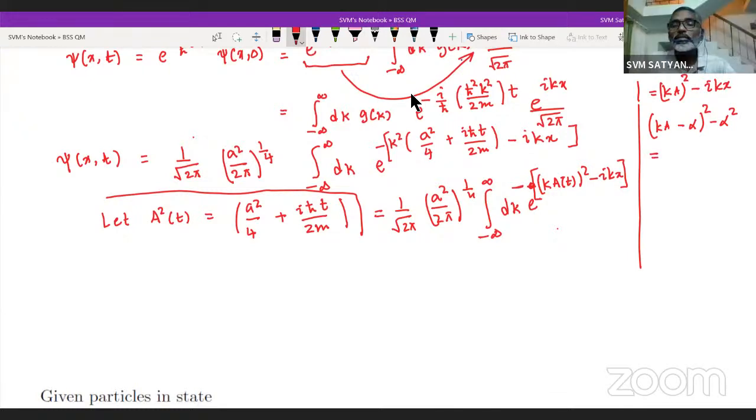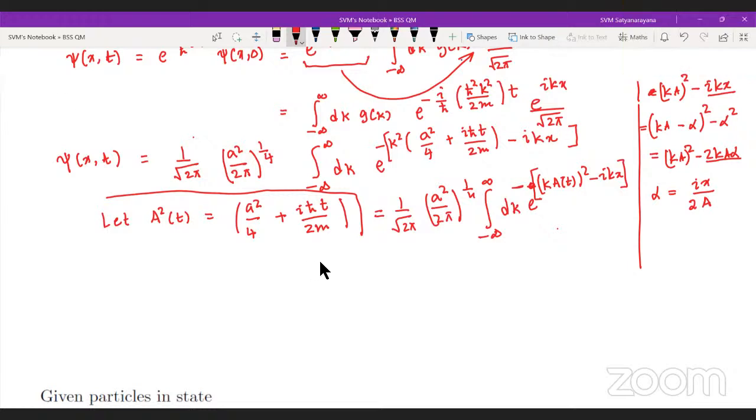That means ka minus alpha the whole square is ka the whole square minus 2ka alpha plus alpha square, minus alpha square goes away. Now you compare this term with this term. Then you will get alpha is equal to ix divided by 2a. Correct. But remember, a is always a function of time. Okay. Is that clear? Yes, sir. Clear, sir.